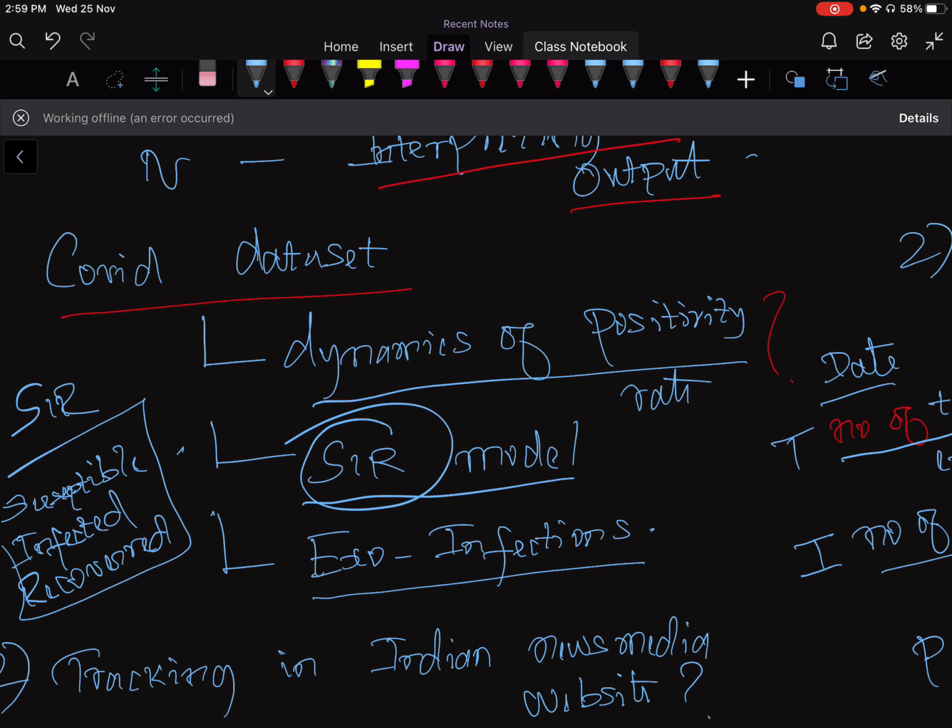There are some set of people who are infected within Rajasthan, and there are some set of people who are coming from outside Rajasthan and coming to Rajasthan, right? So they are infected already and they are coming into the population now, to the Rajasthan population. So they are called exogenous sources. And how much of exogenous sources is impacting the number of infected people in the state of Rajasthan? That is called exogenous infections.